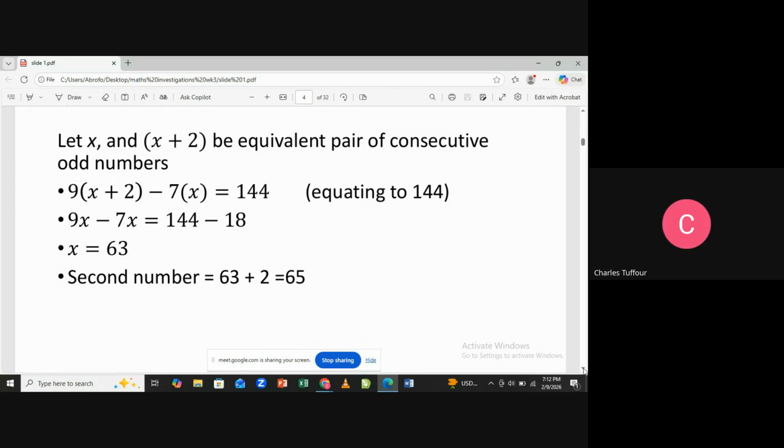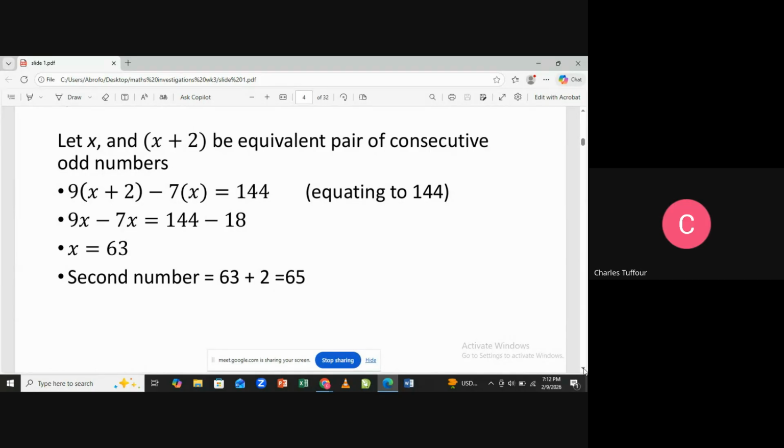Third odd number? 5. What is the difference between 1 and 3? 2. Difference between 3 and 5? 2. Difference between 5 and 7? 2. So every odd number is greater than its preceding odd number by 2. Okay, are you okay?